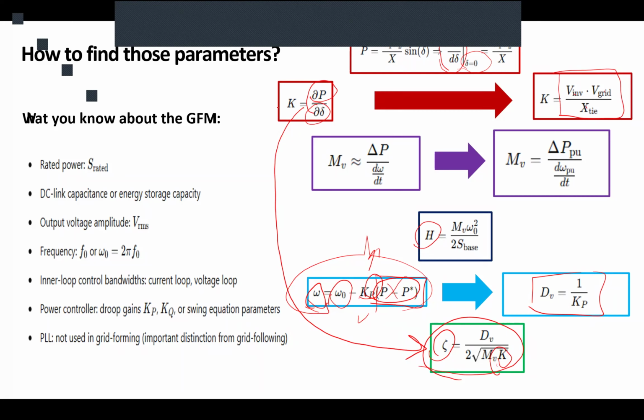How active power is related to the change in a phase angle. Any question regarding that? And okay, this S base is the nominal power of our system. So nominal apparent power, which is S, not P or Q.